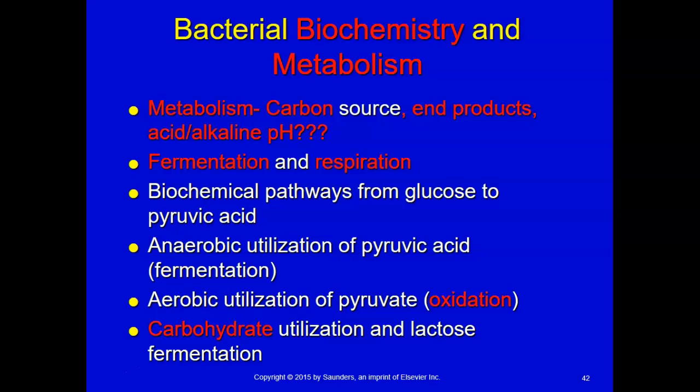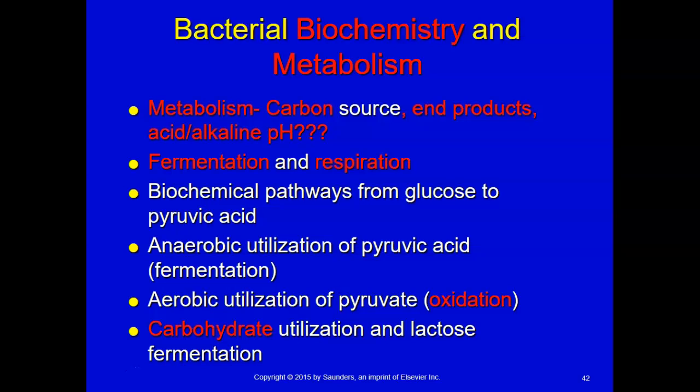Bacterial metabolism consists of biochemical reactions, and microbiologists use this knowledge of bacterial metabolism to develop diagnostic schemes or flowcharts to analyze unknown microorganisms growing in patient samples. The diagnostic scheme allows us to determine what the unknown organism used for its carbon source, what end products are produced, what substrates are used for metabolism, and whether or not that unknown bacteria produces an acid or alkaline pH in the growth medium.